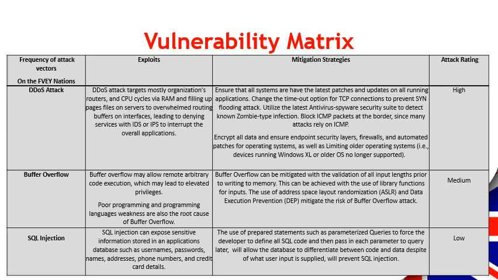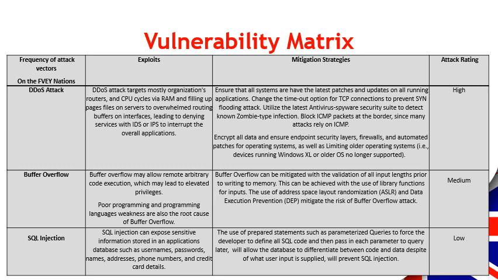Buffer overflow can be mitigated with the validation of all input lengths prior to writing to memory. This can be achieved with the use of library functions for inputs, the use of address space layout randomization, or ASLR, and data execution prevention, DEP, to mitigate the risk of buffer overflow attack. The buffer overflow attack rating is medium.